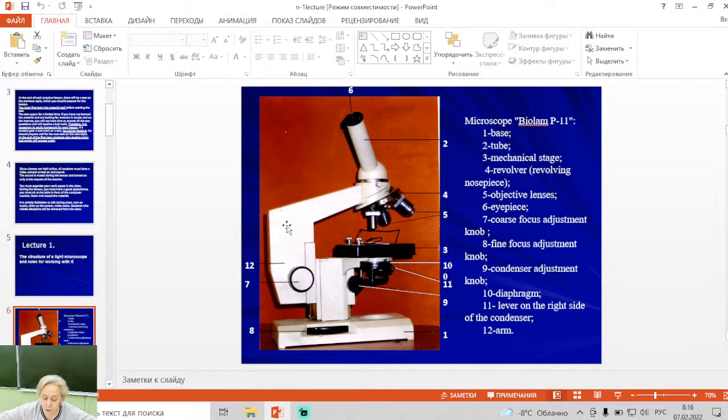The fine focus adjustment knob is located on the base. Its rotation moves the arm slightly and is used for precise focusing. Again, the mechanical parts consist of the base, arm, and mechanical stage.